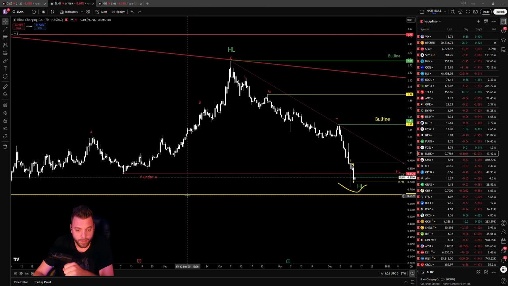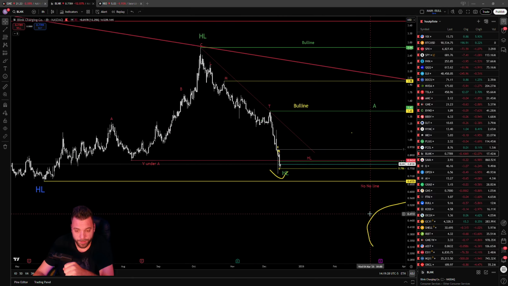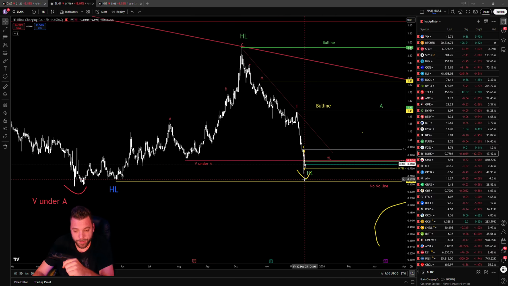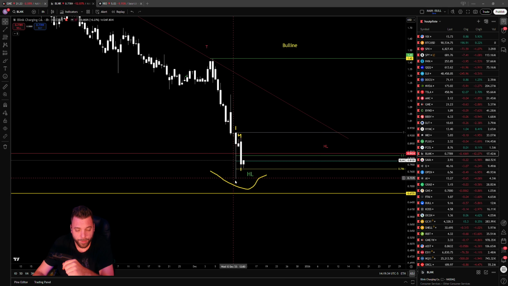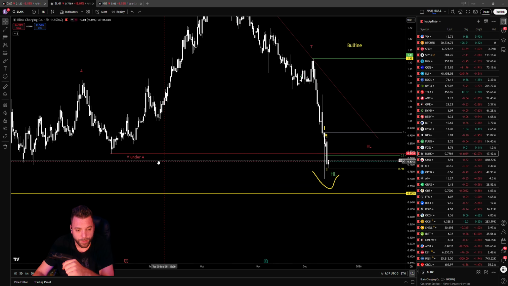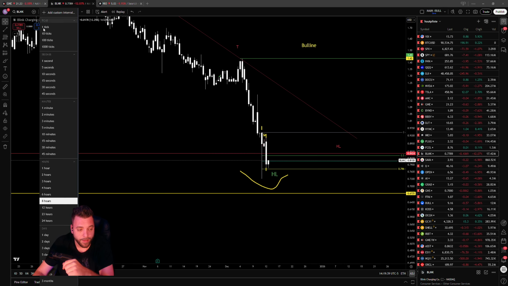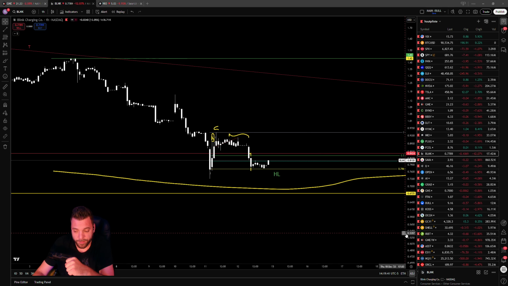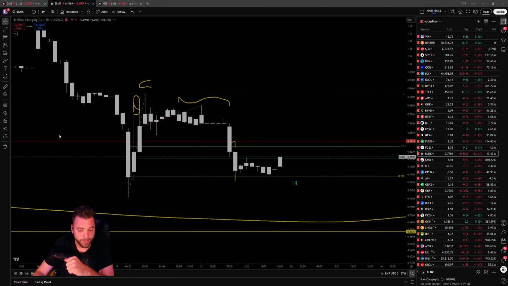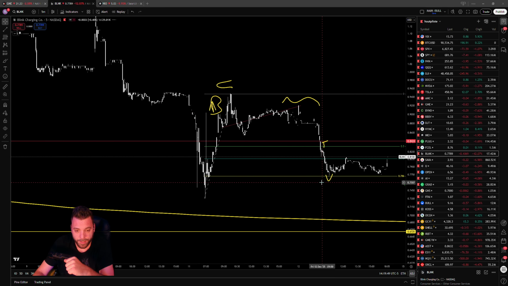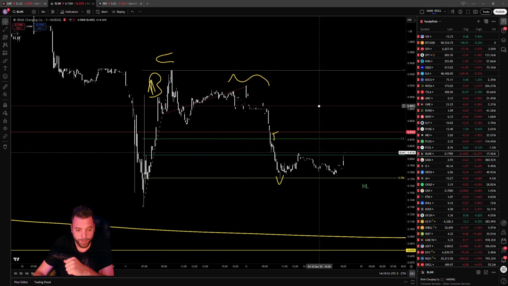Let's look. This was just a higher low for the bullish version. And for the bullish version, this here was our V. This was our V under A. And the only thing which is left is we have to finish this higher low.